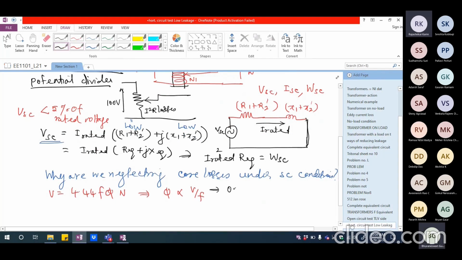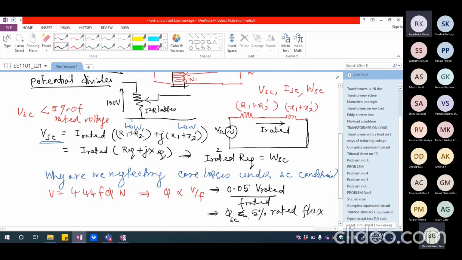If the voltage is only 0.05 times V rated and frequency is at rated value, then I'm going to have essentially flux at 5% of rated flux, or less than 5% of rated flux.